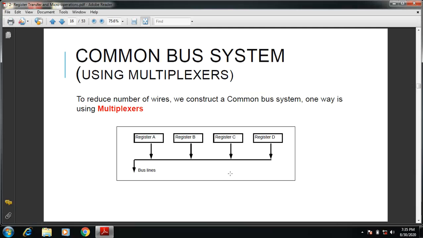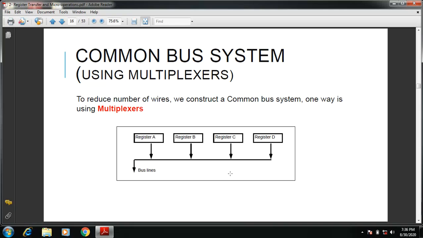In the common bus system, it reduces the number of wires. Suppose you want to transfer some amount of data by using several buses, then the circuit size is very large.